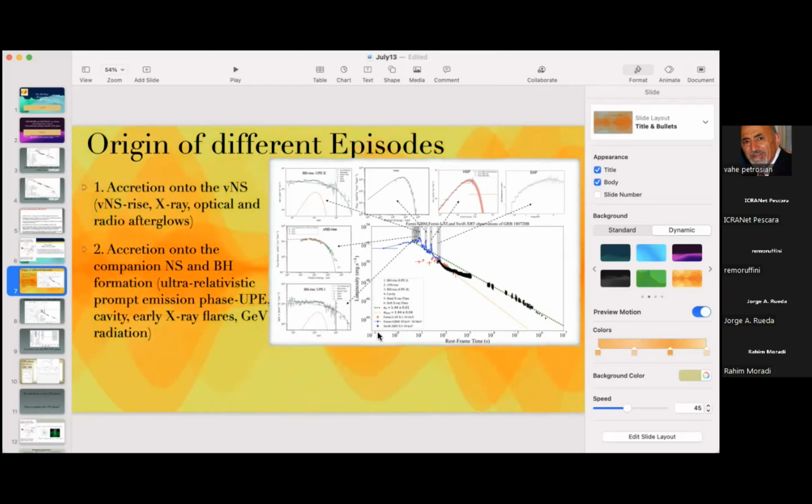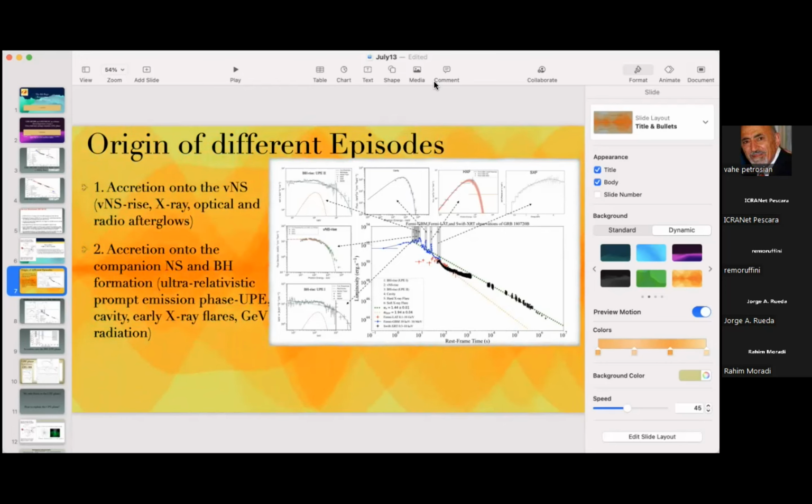Also need to show some specific results from a couple of GRBs about these early phases. About this possible double peak structure of the prompt emission that we found in 19029A. How this is related with the 2 accretion episodes, one on the newborn neutron star and the other one on the neutron star companion.